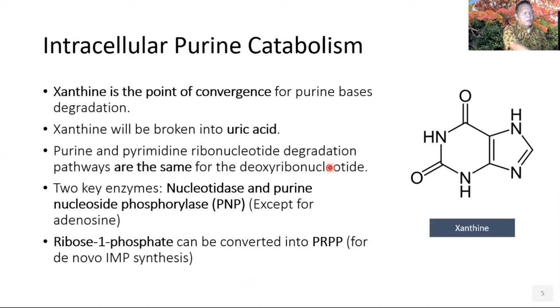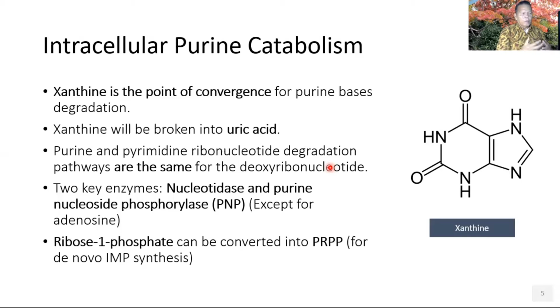Xanthine is the point of convergence for purine base degradation, and this xanthine will be broken into uric acid. Purine and pyrimidine ribonucleotide degradation pathways are the same for deoxyribonucleotides, and we should remember the two key enzymes involved in this intracellular purine metabolism.